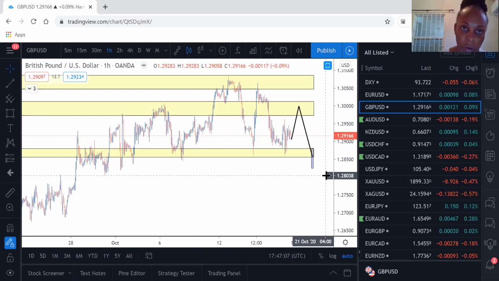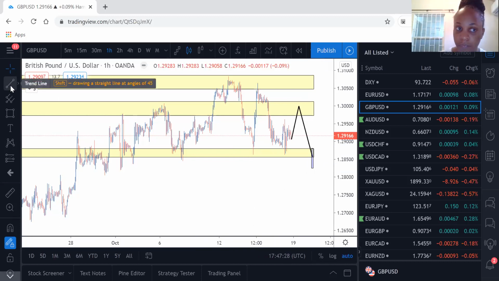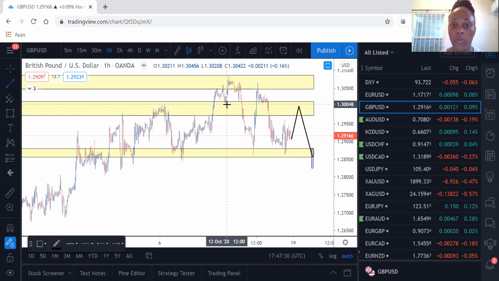My last nugget before I shut off today's training is that if you measure your head and shoulder patterns, it usually tells you how far to expect the trade to continue for. So by measuring, you use a trend line and you come to not directly the top of the head, but inner support and resistance within the head.